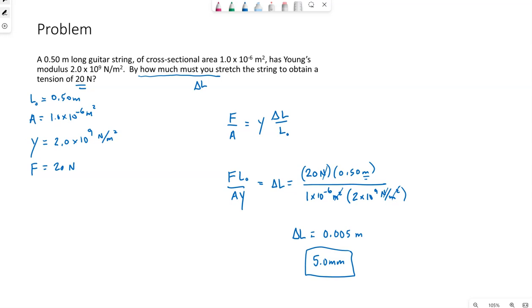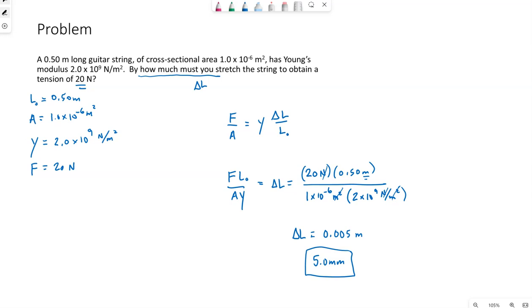For those that play musical instruments, we tighten the string or loosen the string to get it to play the note we want. That note we want directly correlates to a specific tension in the string. But here, ultimately, we use the Young's modulus equation, partially because they give us Young's modulus, but also because we're just making the string longer, stretching it out a little bit.